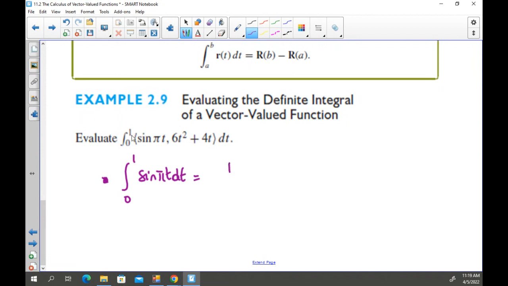So this will be minus 1 over pi cosine pi t, from t equals 0 to t equals 1. Now, if you substitute, I think it's going to give you 2 over pi. So let me give you the answer. You can check it, no problem.